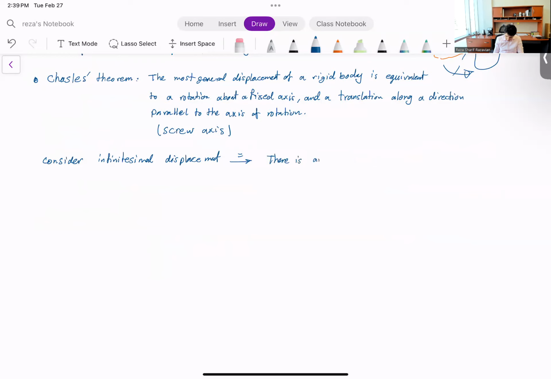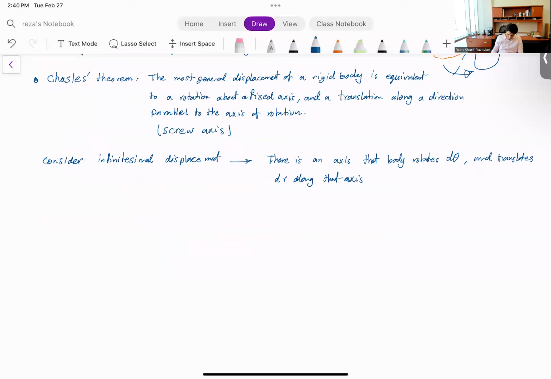There is an axis that the body rotates some d theta about, and translates dr along that axis. Do I need vector dr? No, I don't need vector dr, just the scalar.